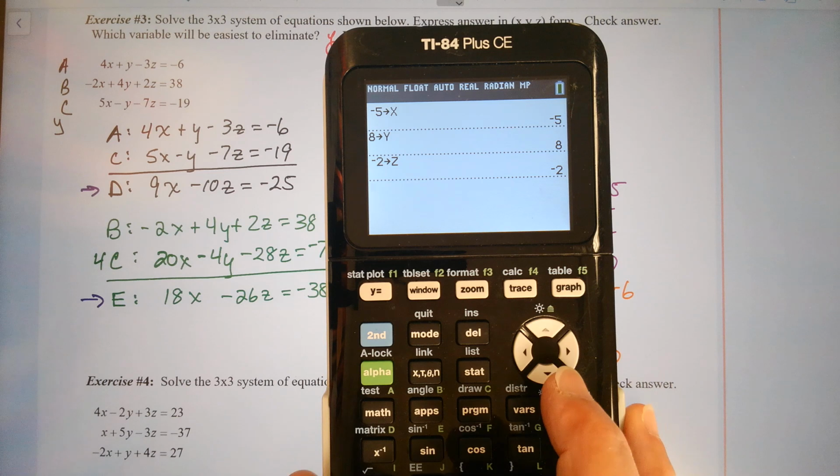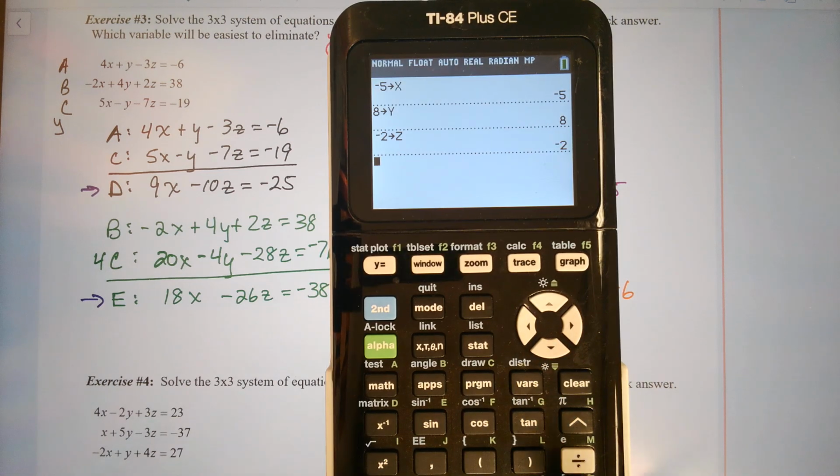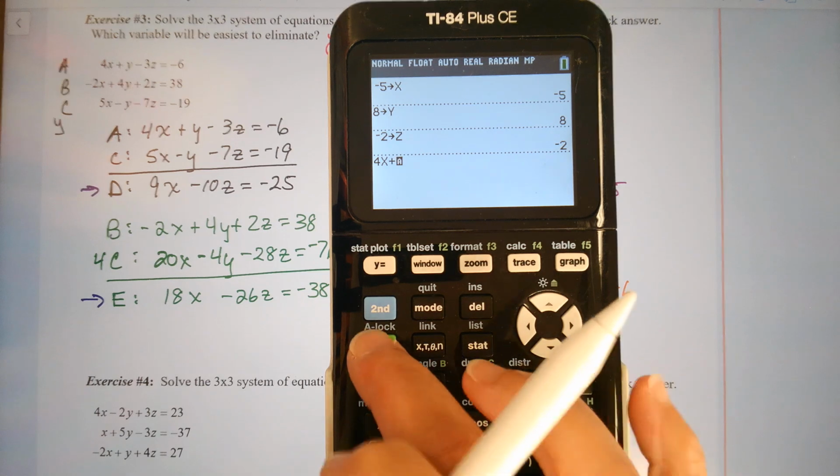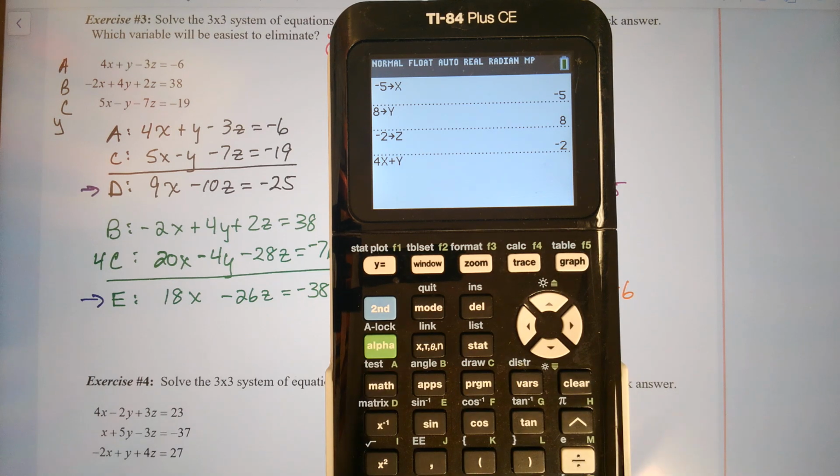Now the original equations, 4x plus y minus 3z is negative 6. Oh good, that checks for A. For B, negative 2x plus 4y plus 2z.